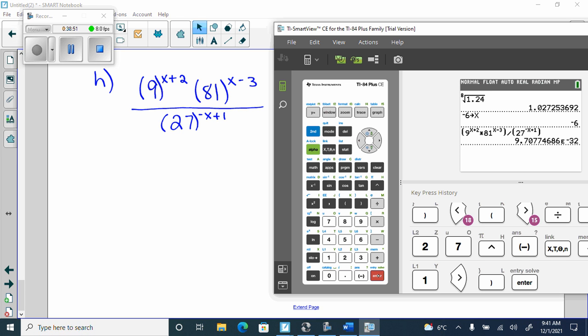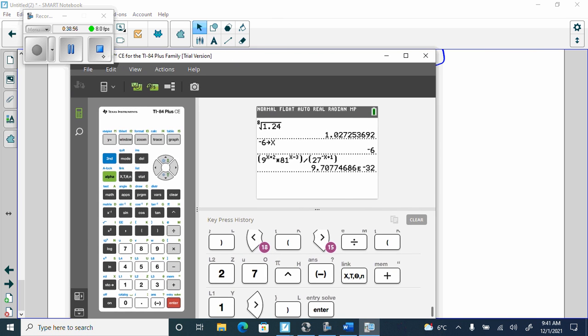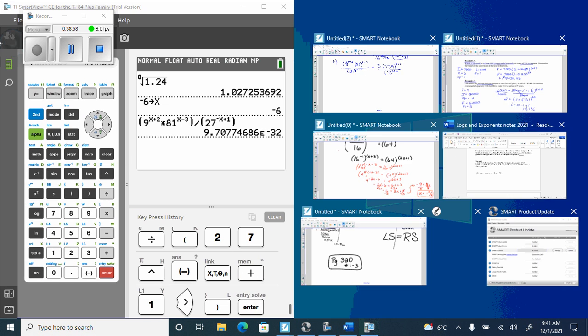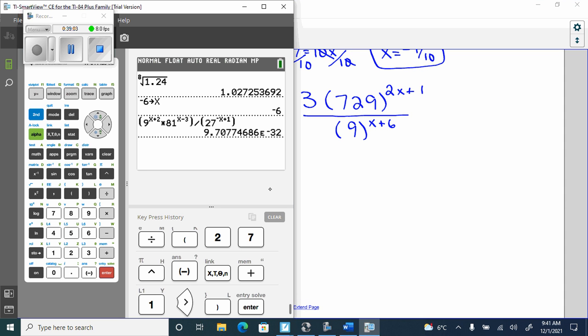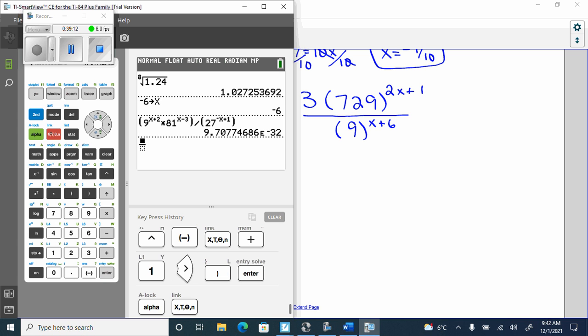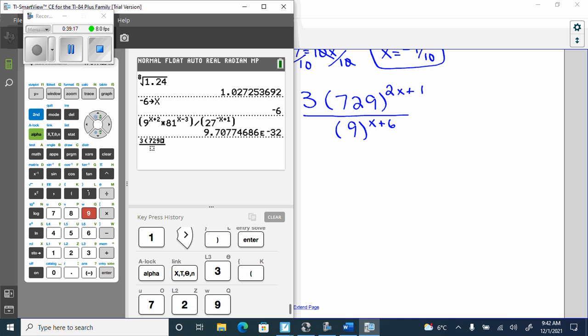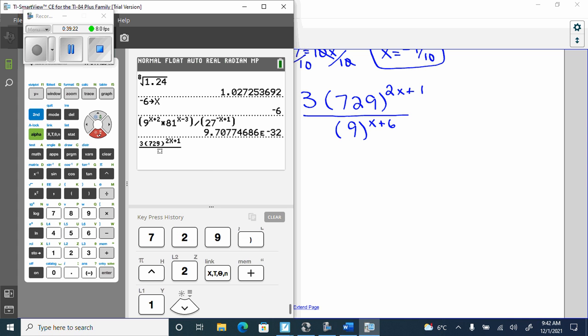What do I still have to do? The other side. So then we go 3, bracket, 729 to the power of 2x plus 1, 9 to the power of x plus 6.